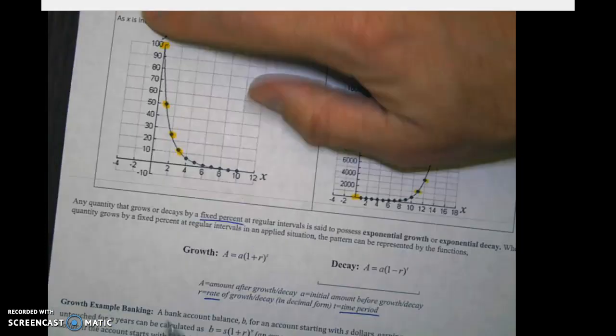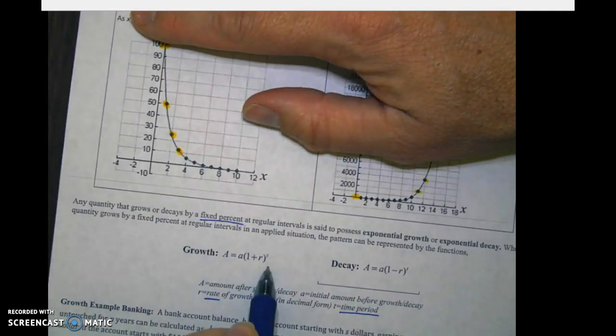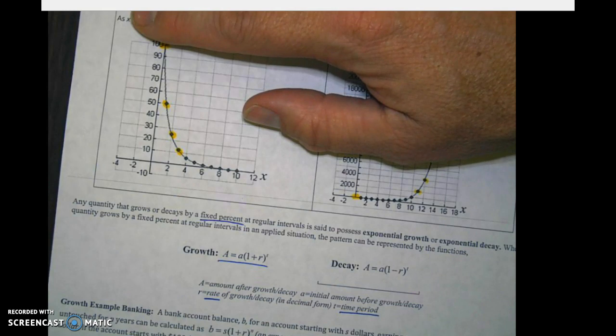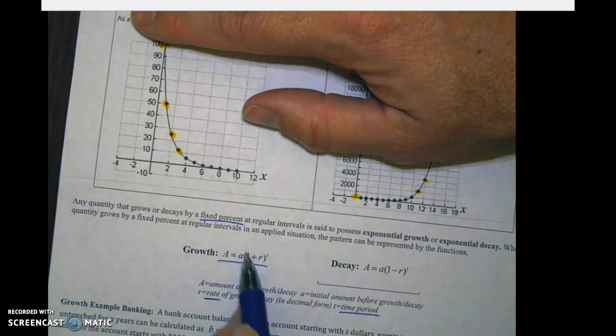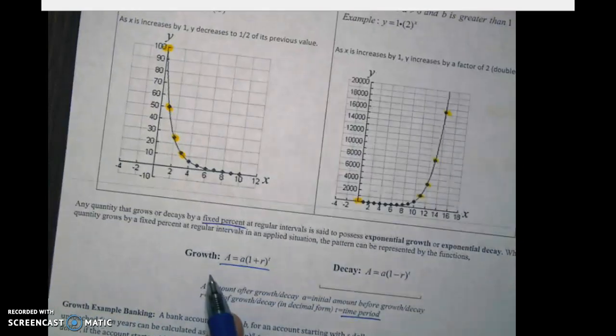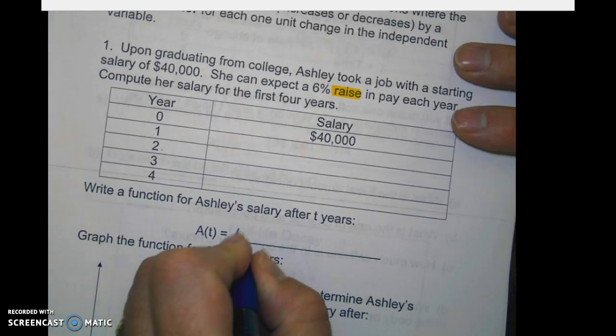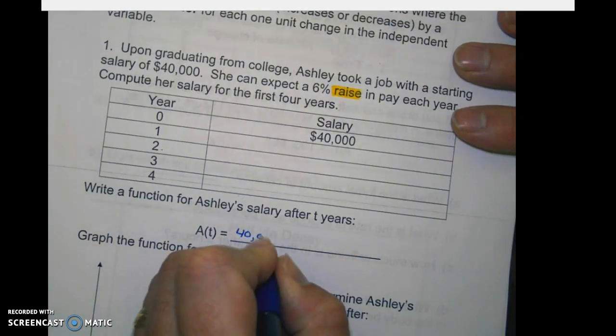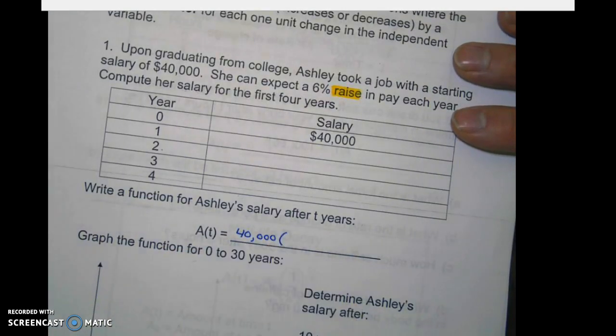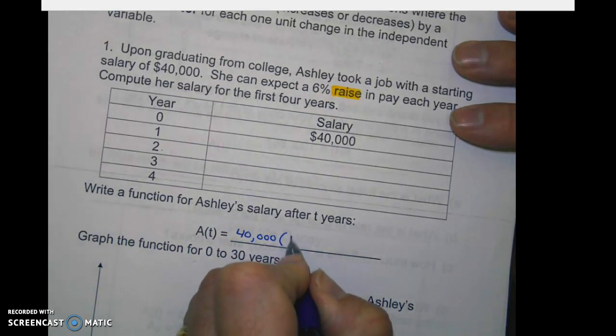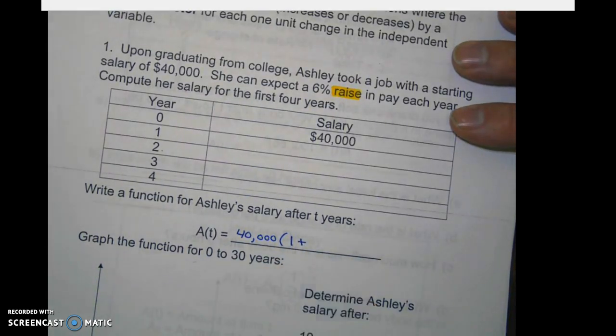So I'm going to go ahead and use this equation right here. So our initial amount is $40,000, which would go right in here for A. and it's going to be an increase, so we're going to use the plus for growth.